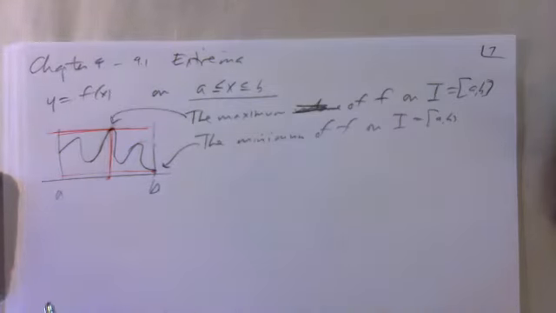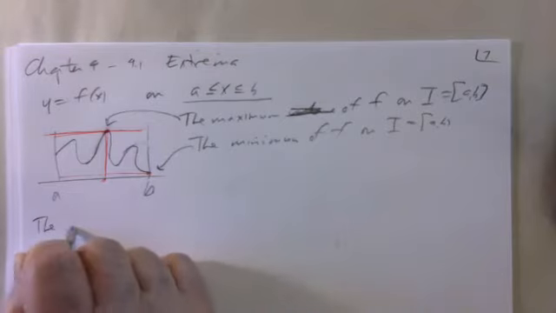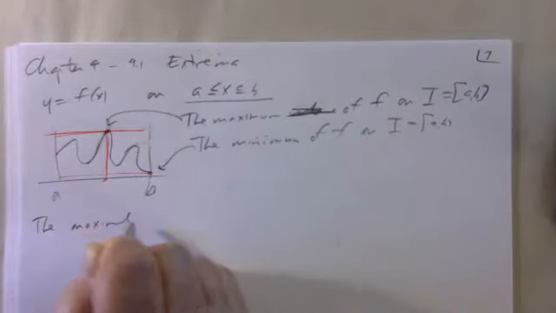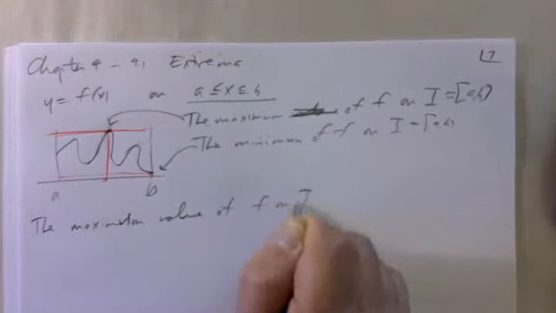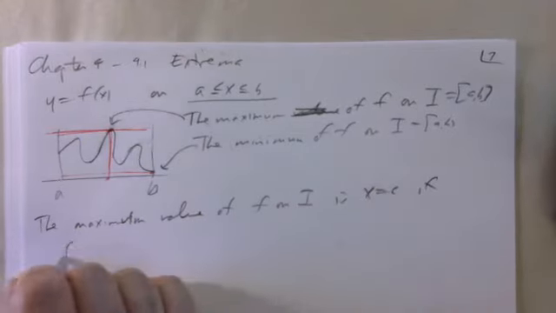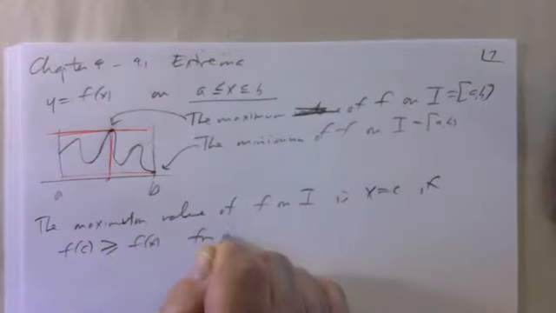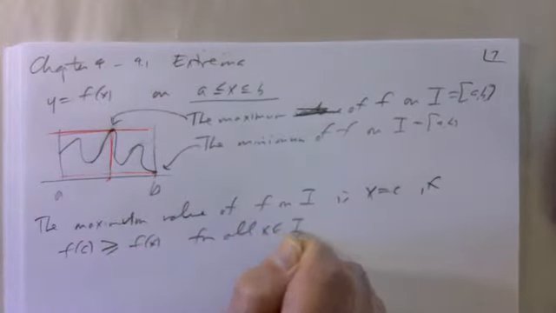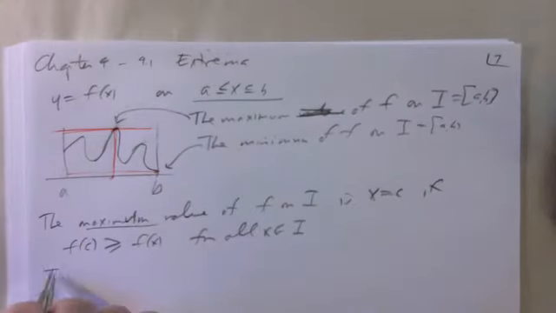So we can give a slightly more careful definition as follows. The maximum value of f on the interval I is at x equal to c if f of c is greater than or equal to f of x for all x in I. That's the biggest point.